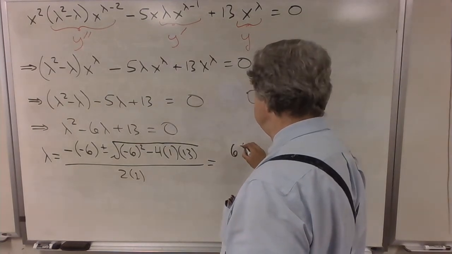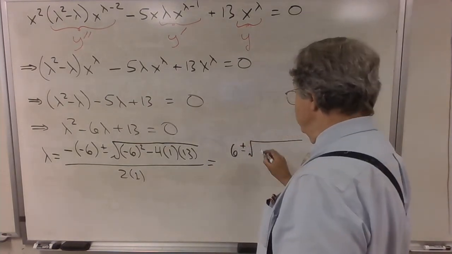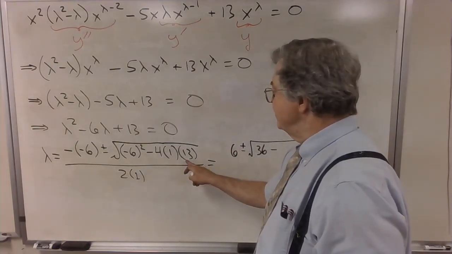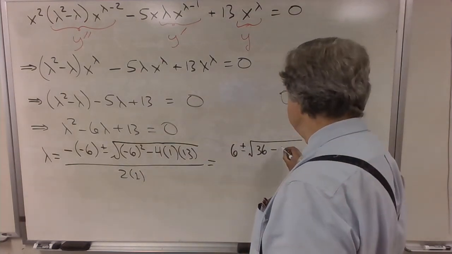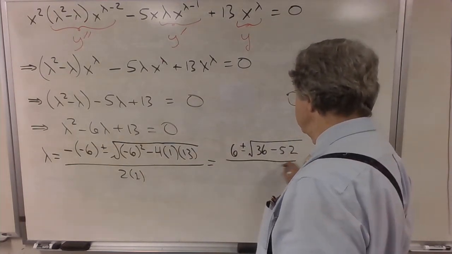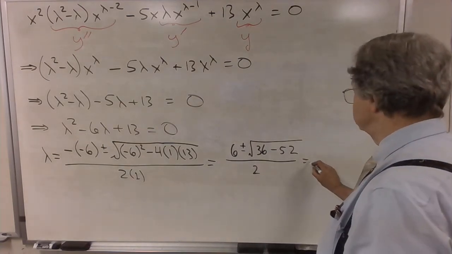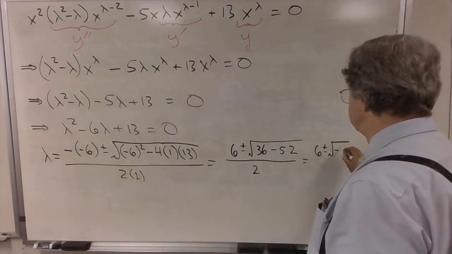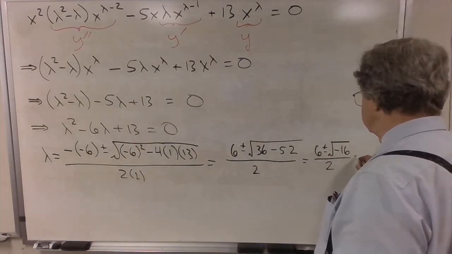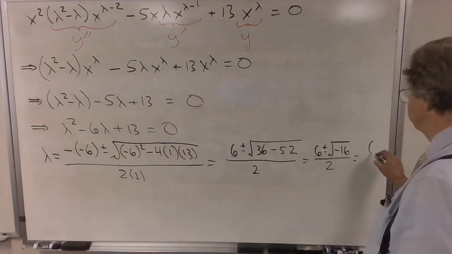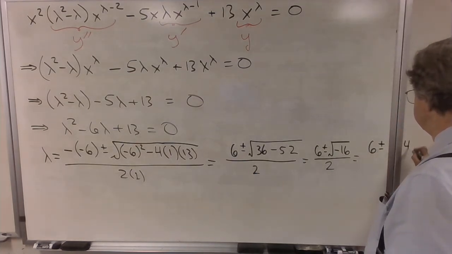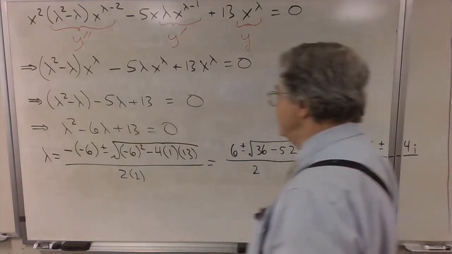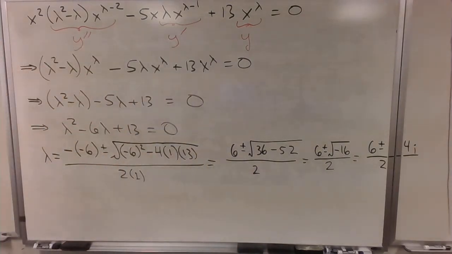I have 6 plus or minus square root of 36 minus, let's see, 4 times 10 is 40, 4 times 3 is 12, minus 52, over 2. Six plus or minus 4i over 2.